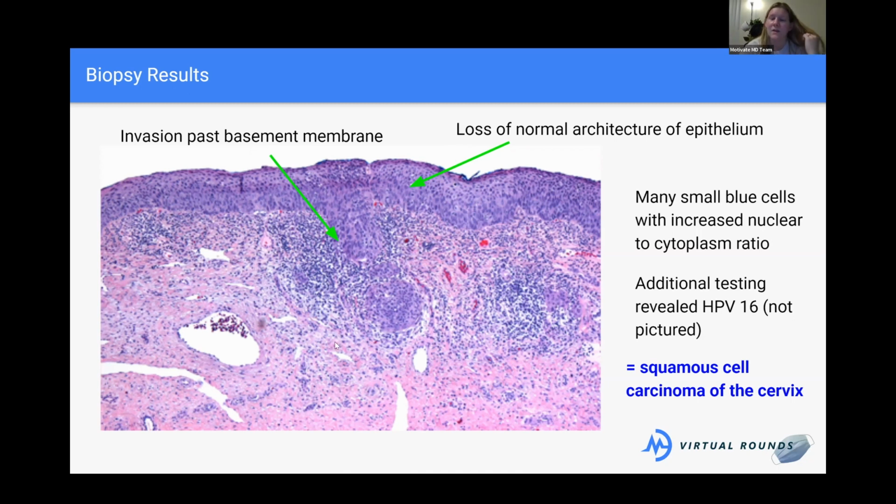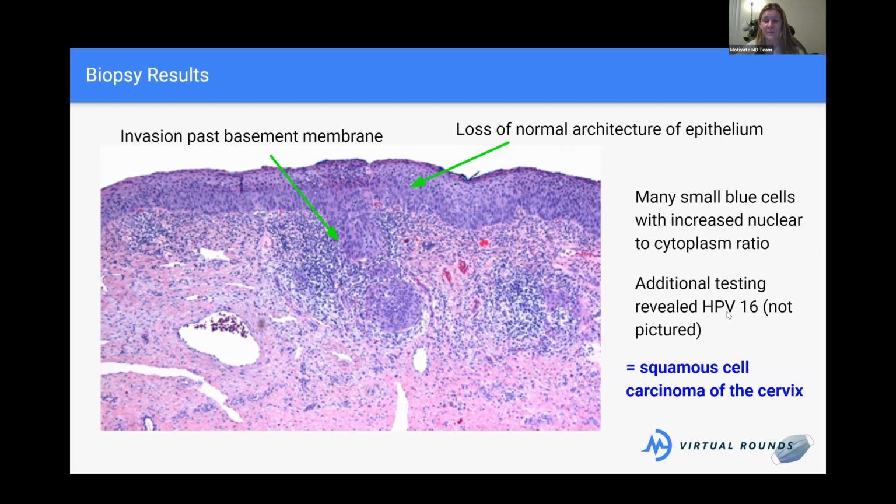And then this isn't shown, but I did also want to throw in that additional testing revealed that she was positive for HPV-16, which could be consistent with her sexual history of not using condoms consistently and having multiple sexual partners, and a history of a different sexually transmitted infection.